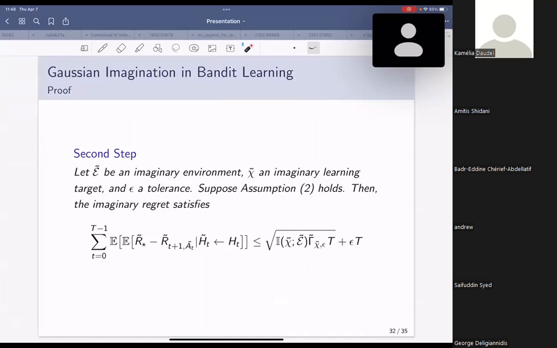And then, by just combining the results of the first step and the second step, we get the main bound.